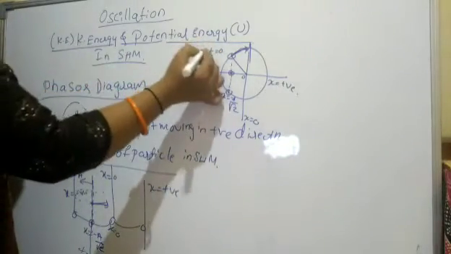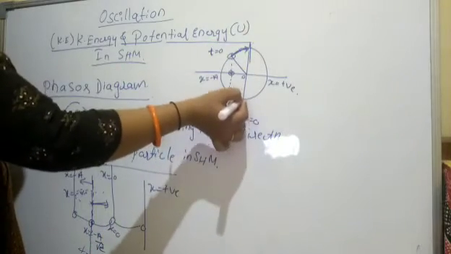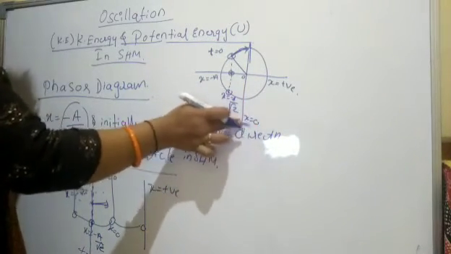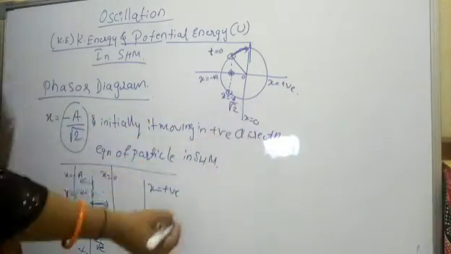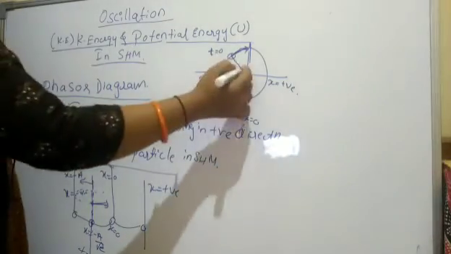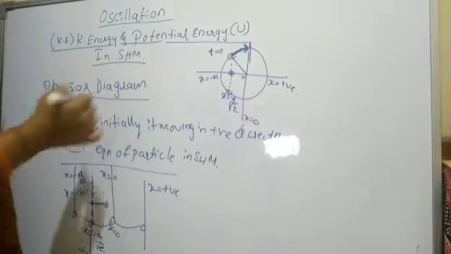At that time we take t equal to 0. The particle is initially at x equal to minus a by root 2, and it moves in a positive direction.